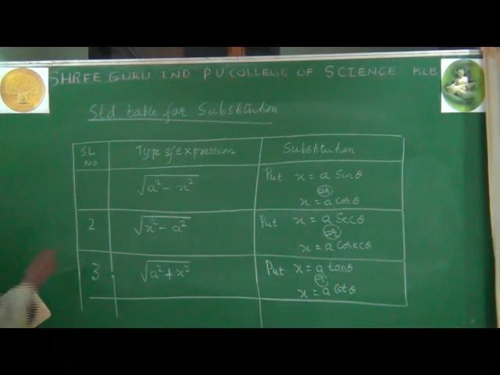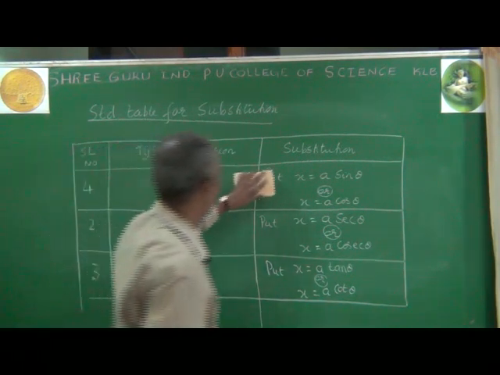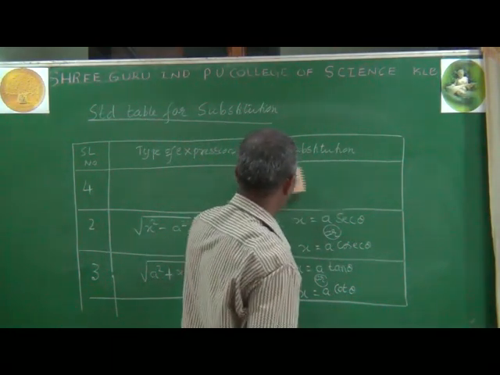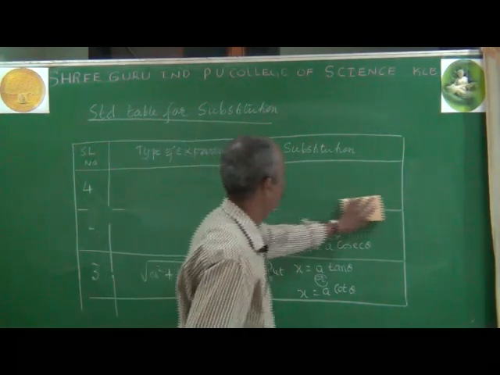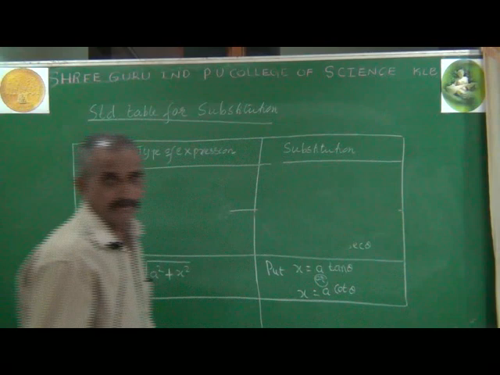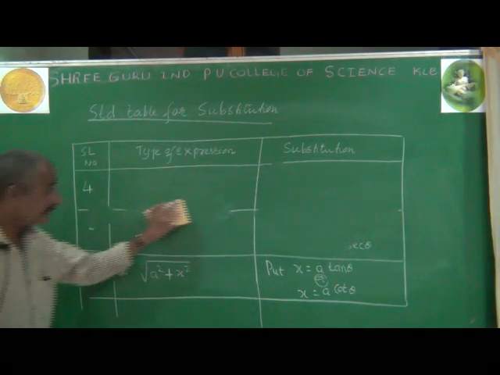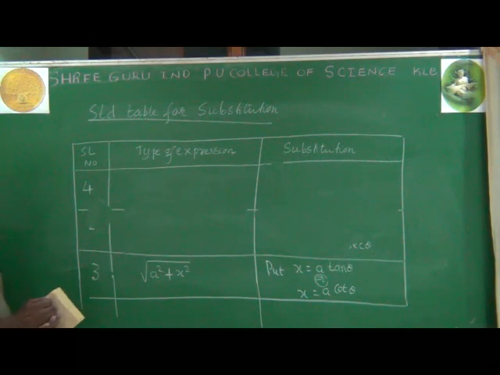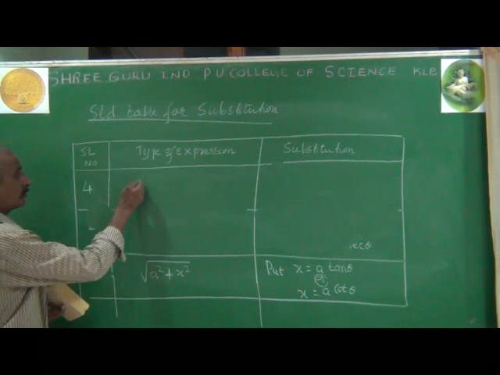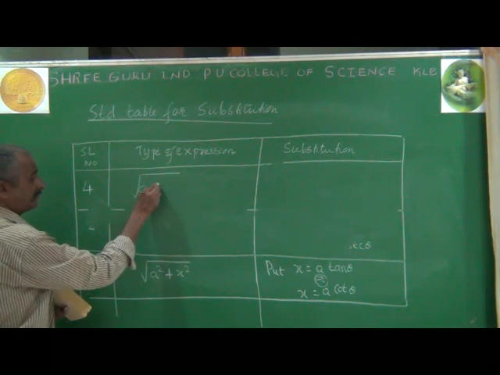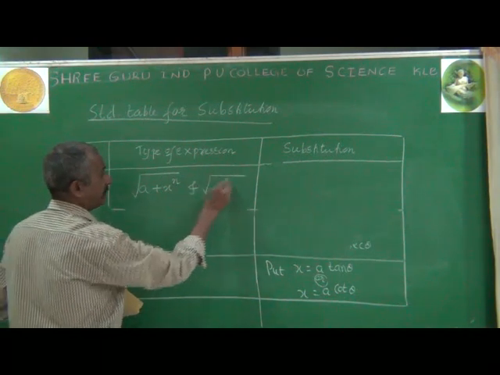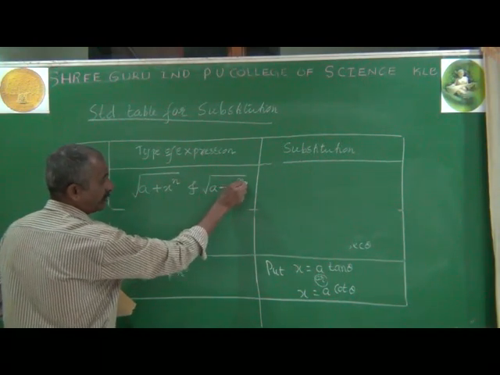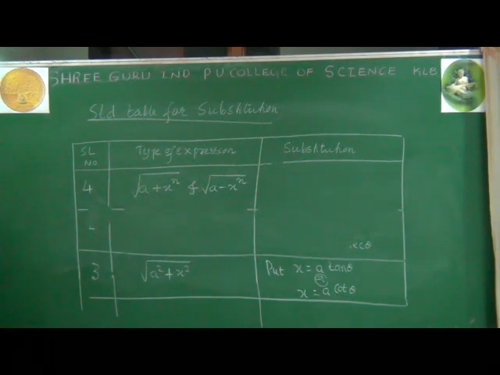Fourth one. When our given problem contains an expression of this type, root of a plus x power n as well as root of a minus x power n, and importantly both of these two must occur there.